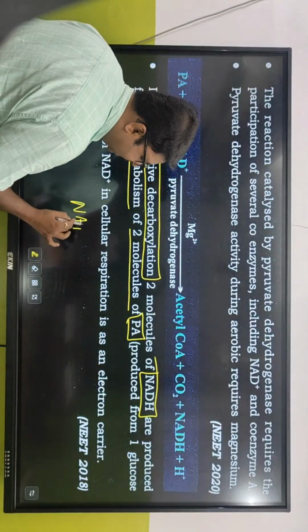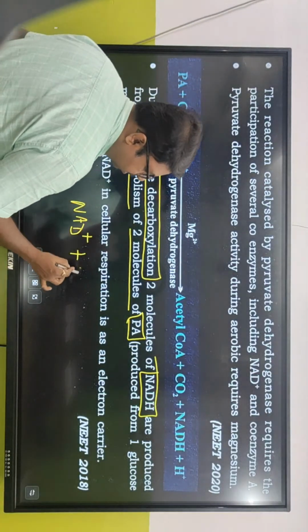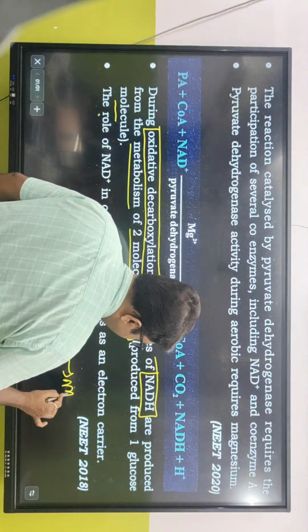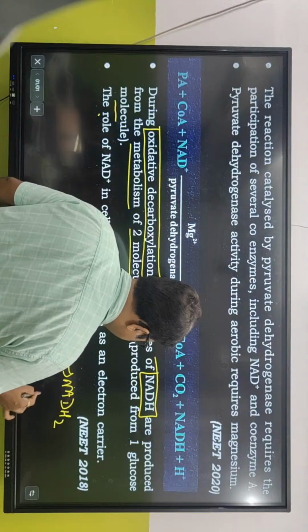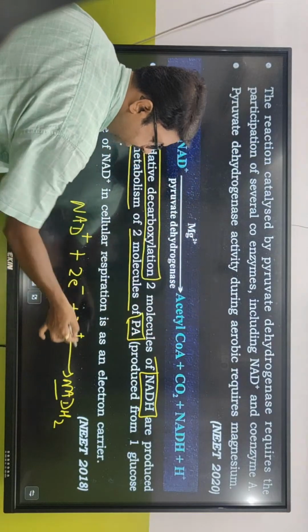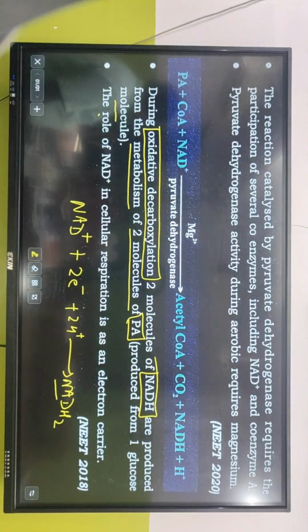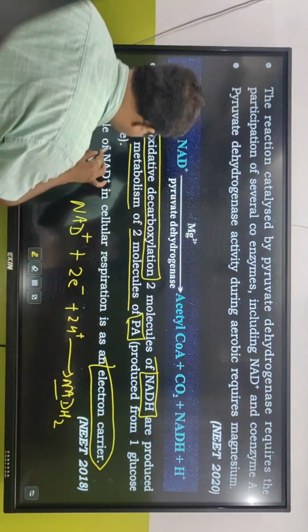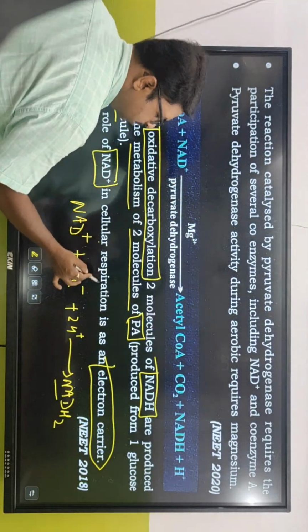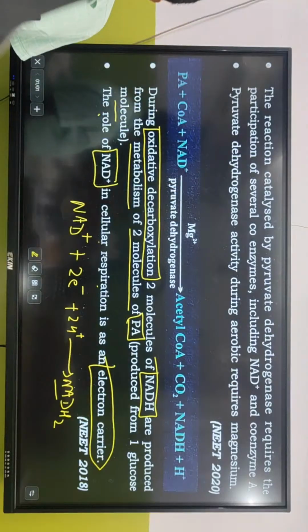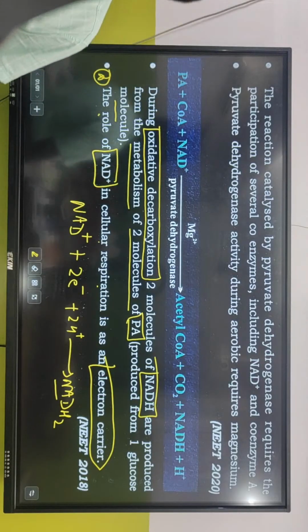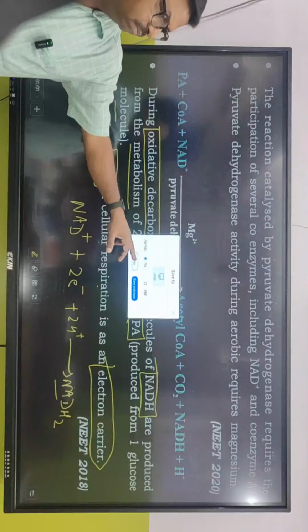NAD plus binds with 2 electrons plus 2 hydrogen ions to make what? NADH2. If I add P, then it becomes NADPH2. So it acts as an electron carrier. Important: the role of NAD plus in cellular respiration is to act as an electron carrier. Is this clear? Very good.